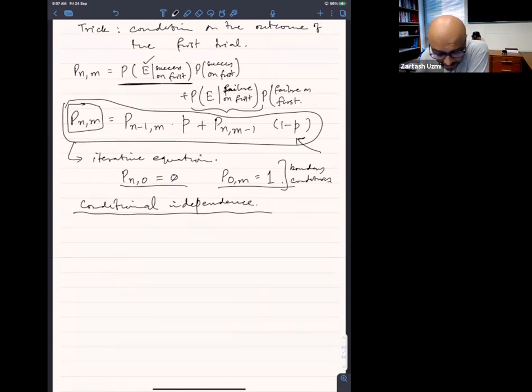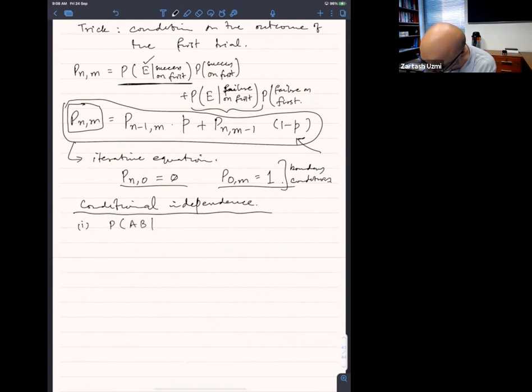Conditional independence means that 2 events may or may not be independent, but given a third event, they can be independent, and vice versa is also true. So how do you express conditional independence?